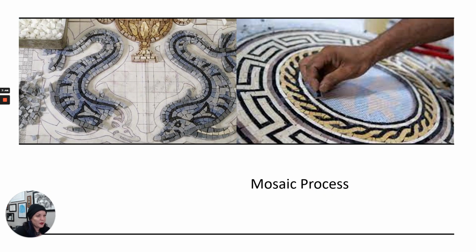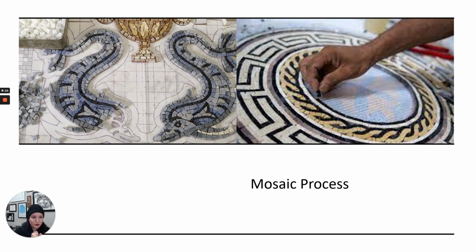Okay, another big thing in late antiquity leading into the Byzantine is mosaic and the mosaic process. So when we looked at pebble mosaics in Greece, that were popular in the court of Alexander the Great, those were made out of individual little stones. Then in Roman households that are well preserved in Herculaneum and Pompeii, we see mosaic made out of tile, which is a whole bunch of little tiles.